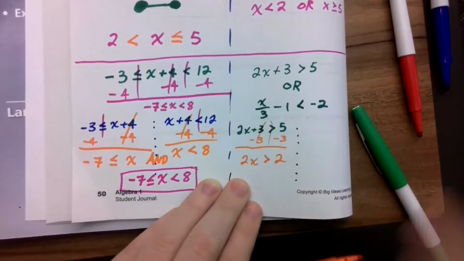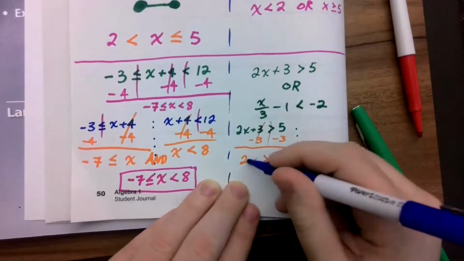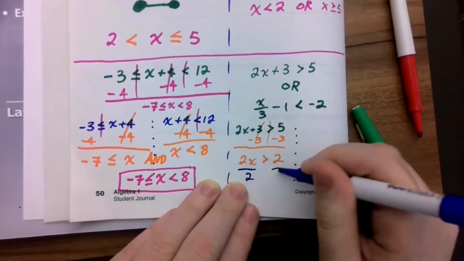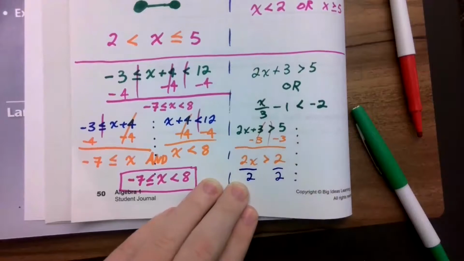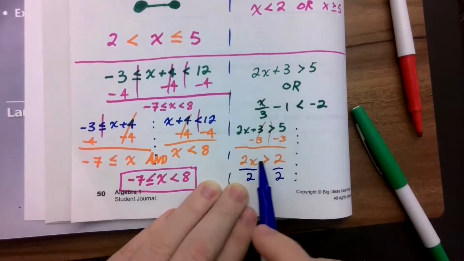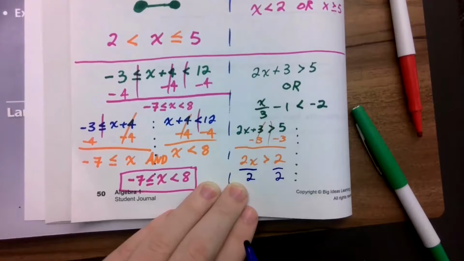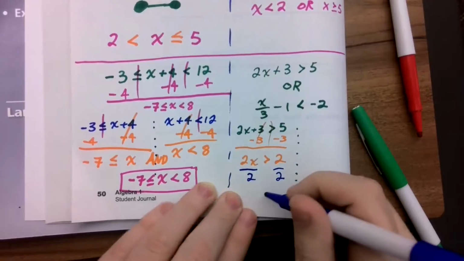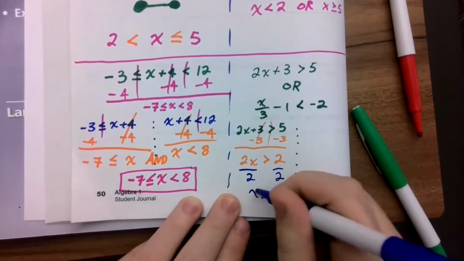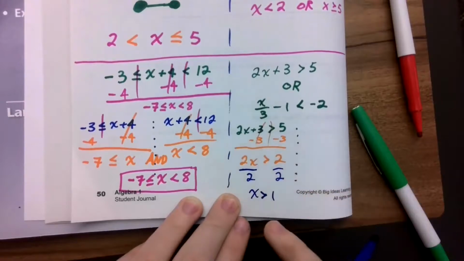Then to get x by itself, we want to get rid of times 2, so we divide by 2. Pause for a second and consider, do we need to flip our symbol? Well, the answer is no, because we divided by a positive number, not a negative. So x > 1.